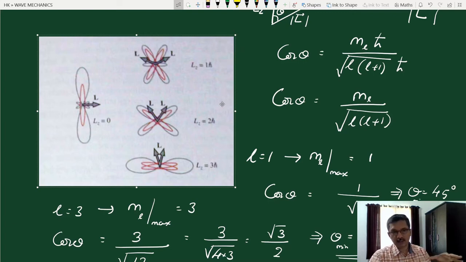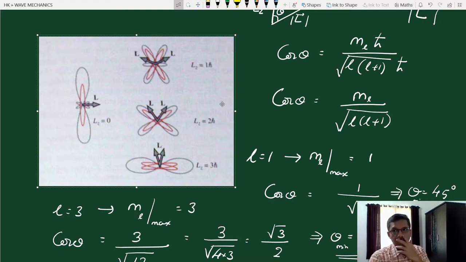So if the orbit is mostly flattened along the xy plane for the largest ml value, the angular momentum vector will be closer to the z-axis, and this trend increases with L value. That is what we have seen now. For L equal to 1, it comes up to 45 degree with the z-axis. For L equal to 3, it comes to 30 degree. So when you go to larger and larger L values, the angular momentum vector comes more and more closer to the z-axis, parallel to the z-axis. That means the plane of the orbit will be more and more flattened along the xy plane.